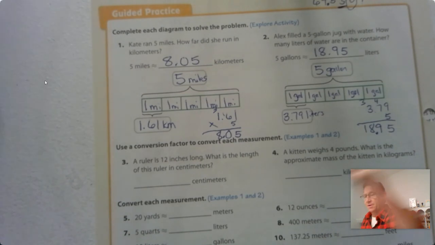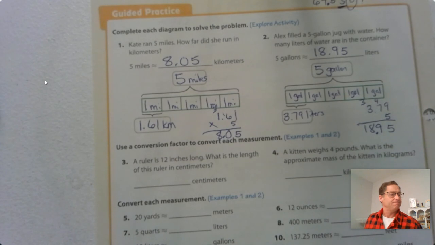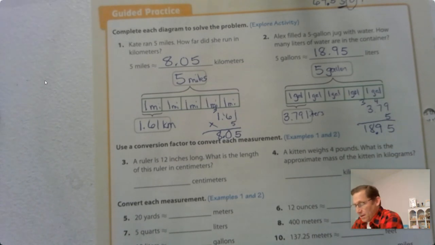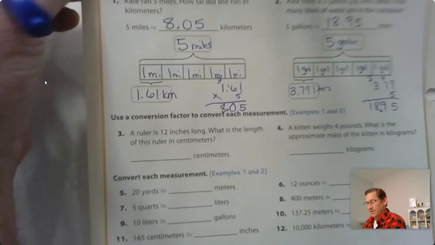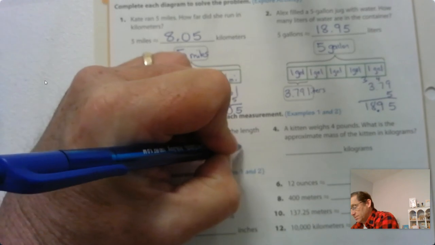All right, let's move on to number 3. A ruler is 12 inches long. What is the length of this ruler in centimeters? So we're converting from 12 inches into centimeters.